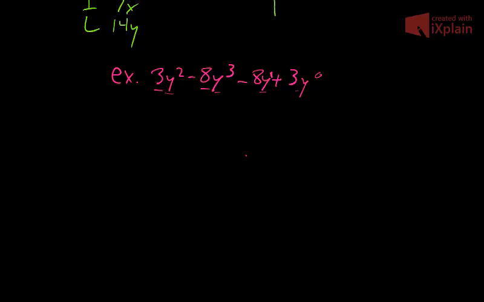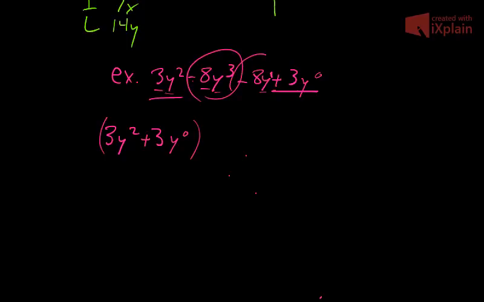So I'm going to keep my 3y squared out front and move my plus 3y to the 0 over here. And then I'm going to have left my negative 8y cubed and negative 8y to the first. So I'm going to add negative 8y cubed minus 8y to the first.